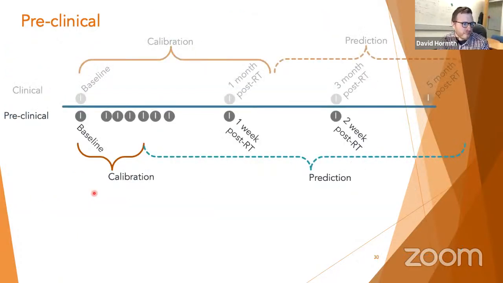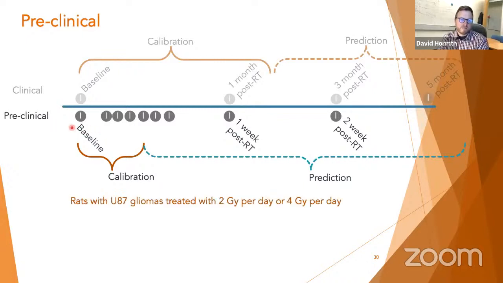So the first project I'm going to talk about is the preclinical project. For this example, we have rats that were inoculated with U87 gliomas intracranially. They were then treated with either 2 gray per weekday or 4 gray per weekday. And we're going to look at 2 different calibration scenarios.